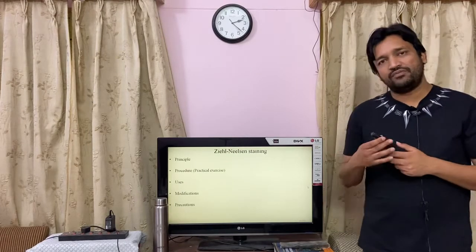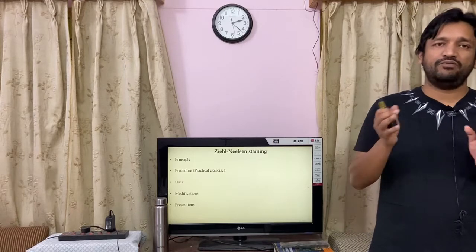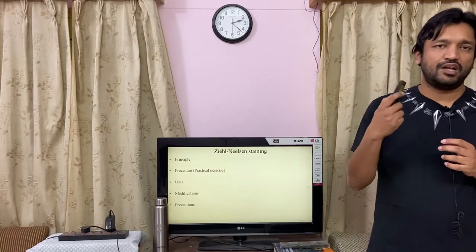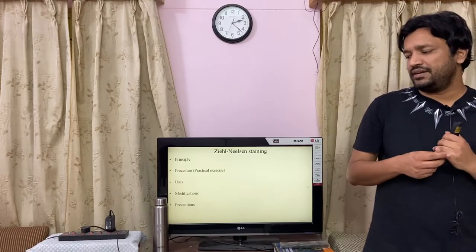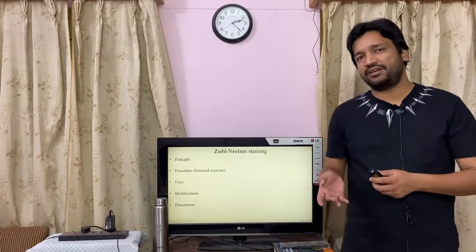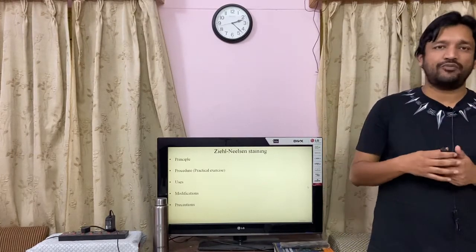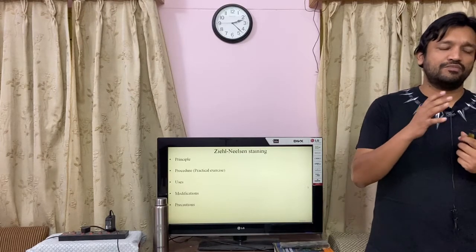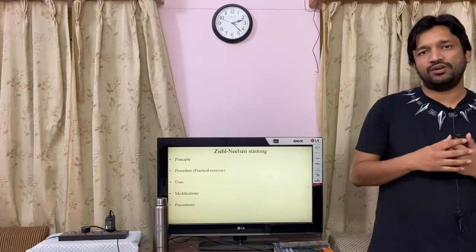Modifications are many. First is the cold method or the Kinyoun method, in which we need not heat the carbolfuchsin during the first step of staining. Second is when we can use acid alcohol as a decolorizer. Instead of using a 20% or 25% sulfuric acid, we'll use 3% HCl in 97% alcohol.